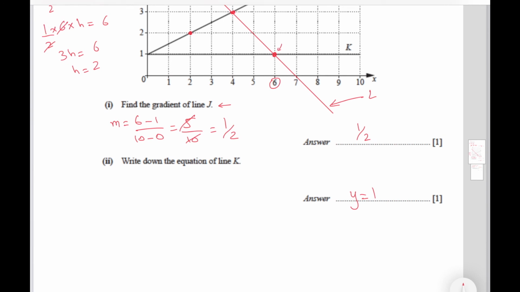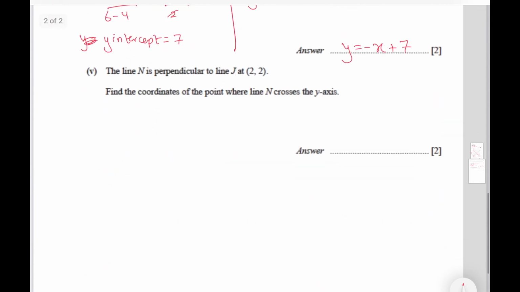The gradient of J in this case is 1 over 2. So, if J has a gradient of 1 over 2, its perpendicular, which is line N, would have a gradient of negative 2. Because when you multiply the gradient of one line with the gradient of another that is perpendicular, you should always get negative 1. So m2 is going to be negative 2.